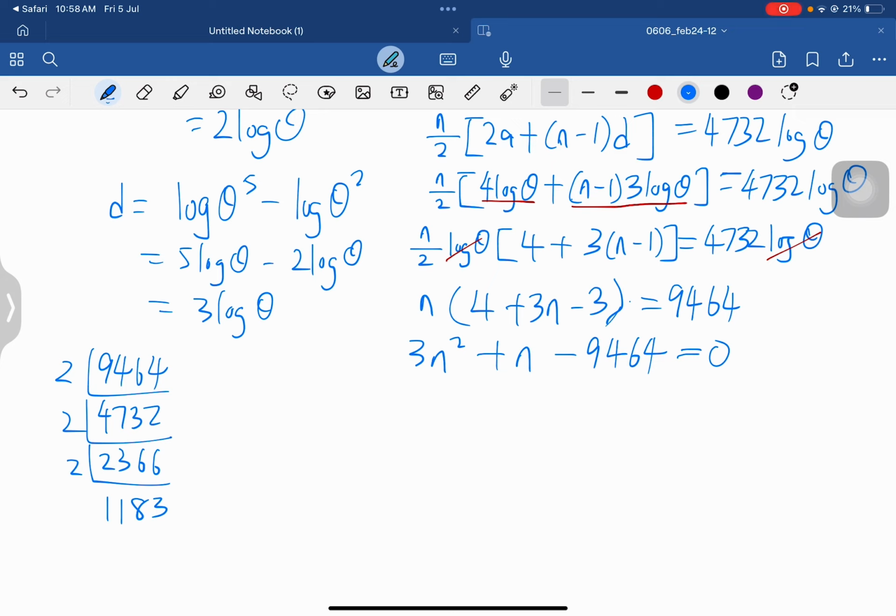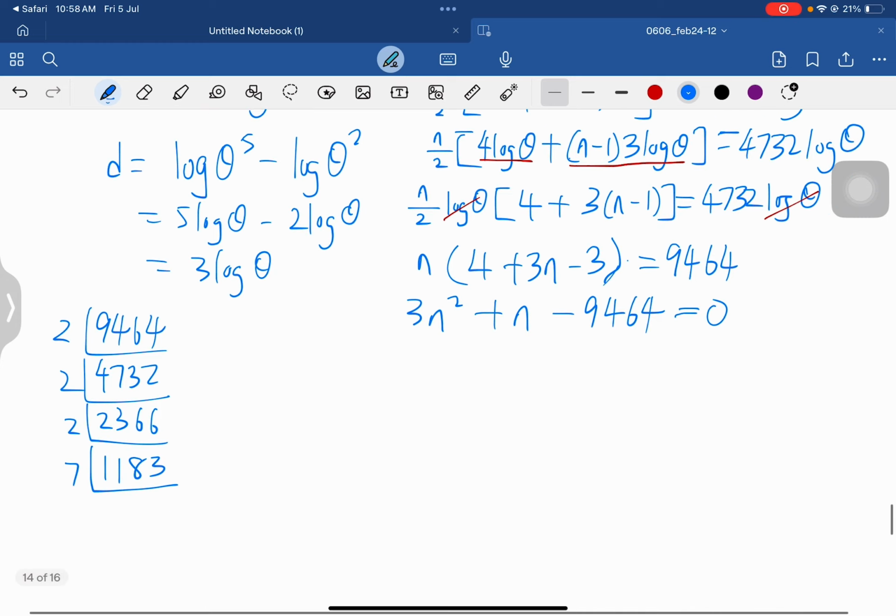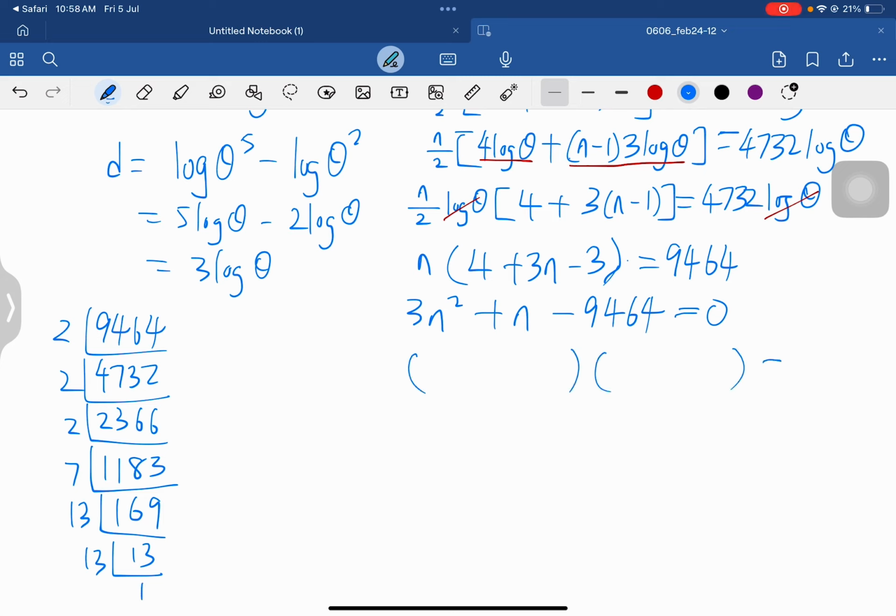7, possible. 1183 divided by 7 is 169, which is 13 times 13. Because to get the middle is only plus 1, 3n, and definitely n here.